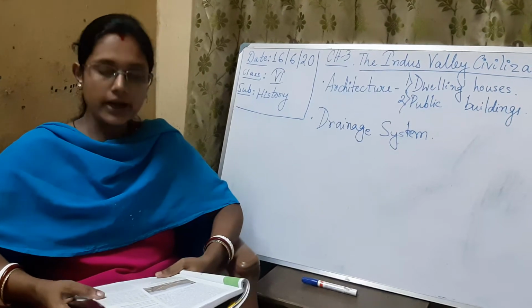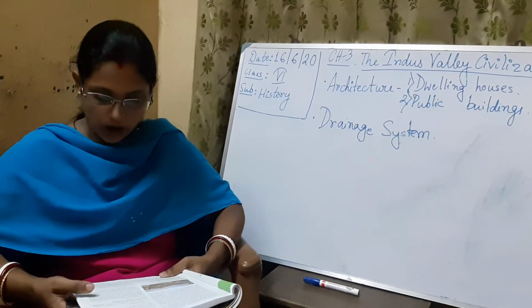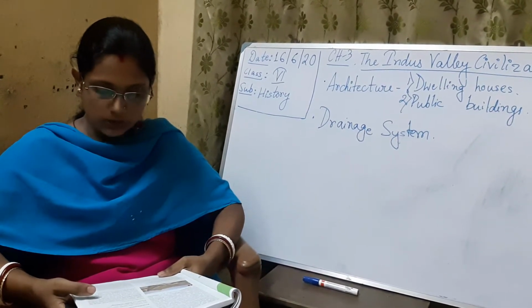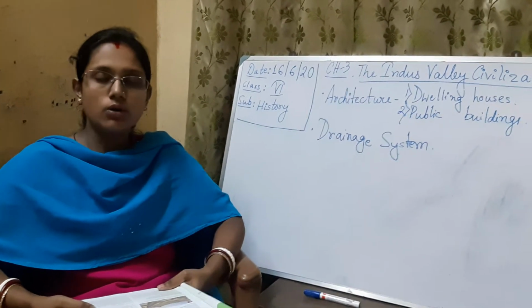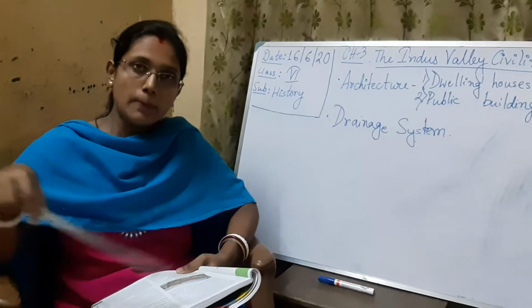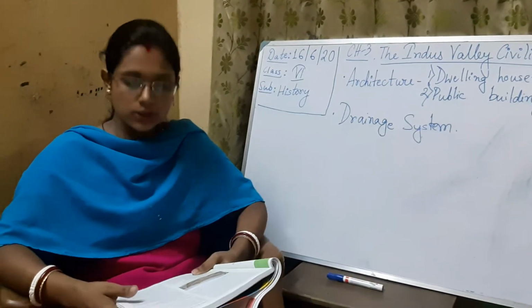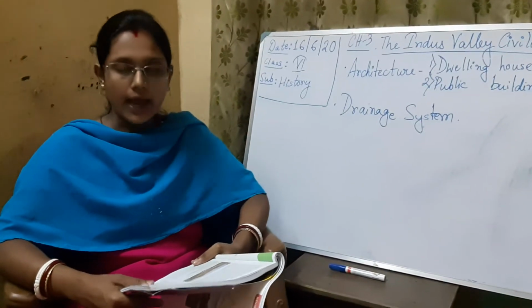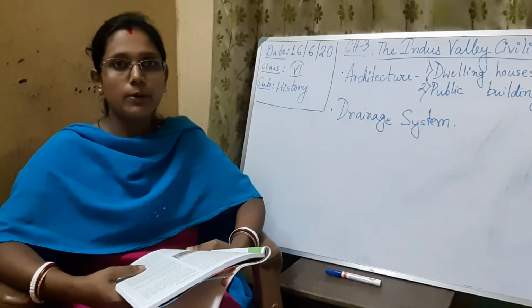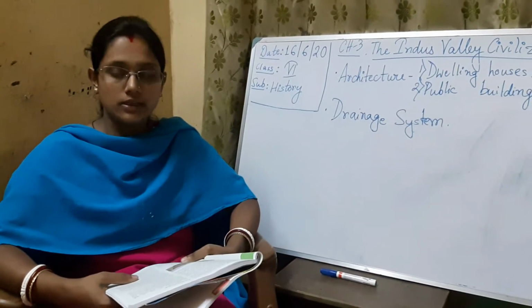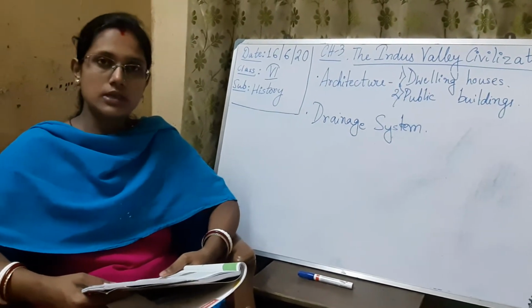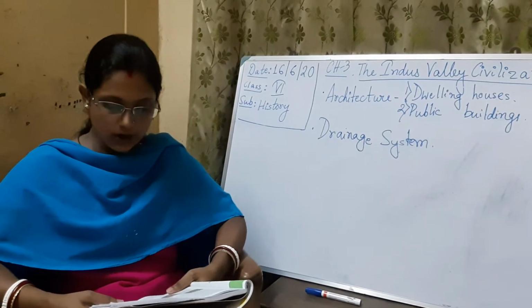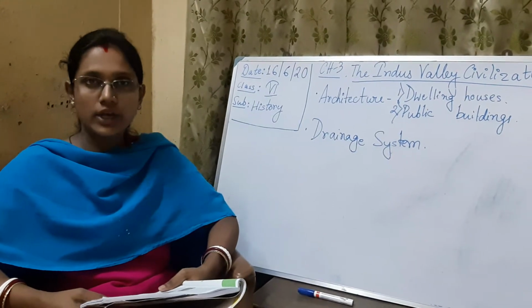Now near the great granary in Harappa, circular brick platforms have been found, which were probably used for threshing grain. So there were circular platforms, okay, found near the granary. Those platforms were made of bricks, and historians think that those circular platforms were mainly used for threshing the grains.